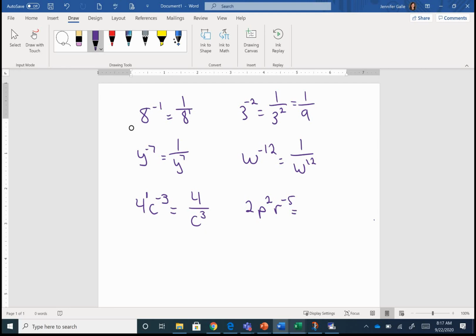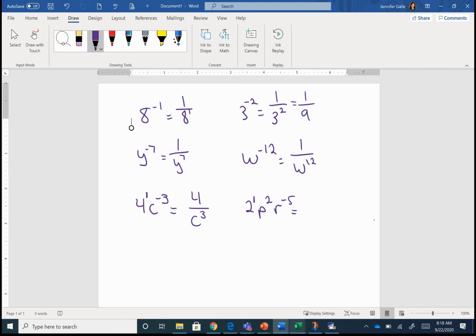So the 2, remember, the 2 really has an exponent of 1. See what you can do with this one. Only negative exponents are going to move. Only negatives move.